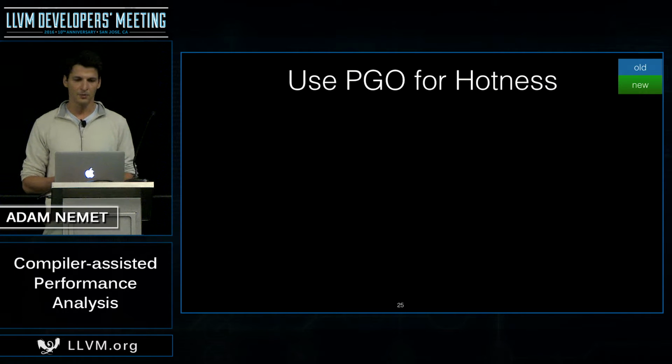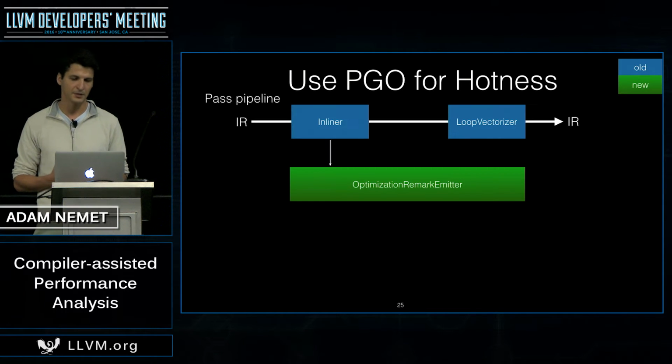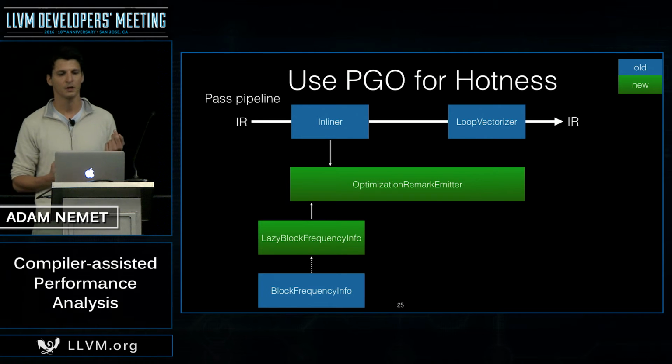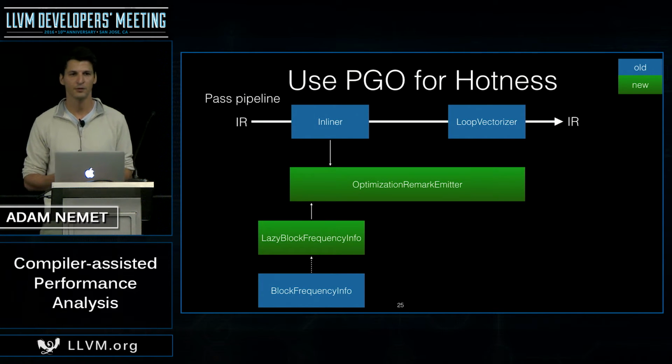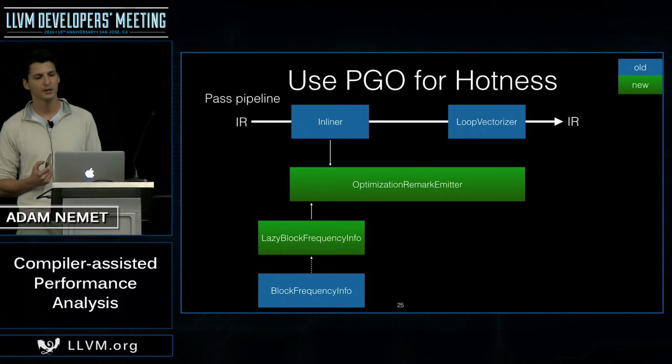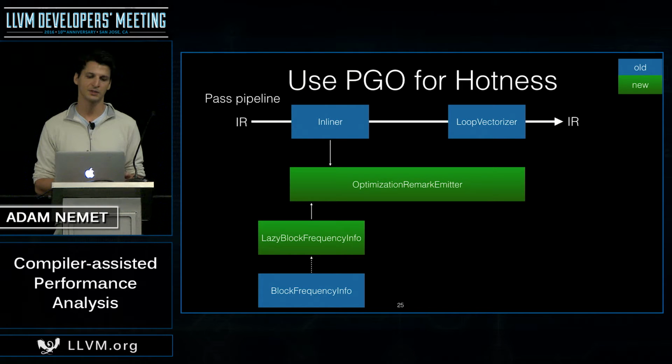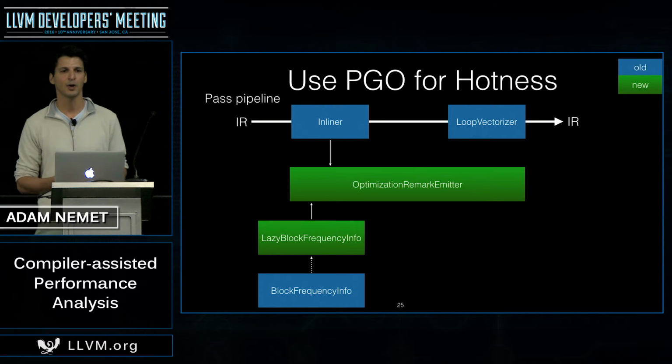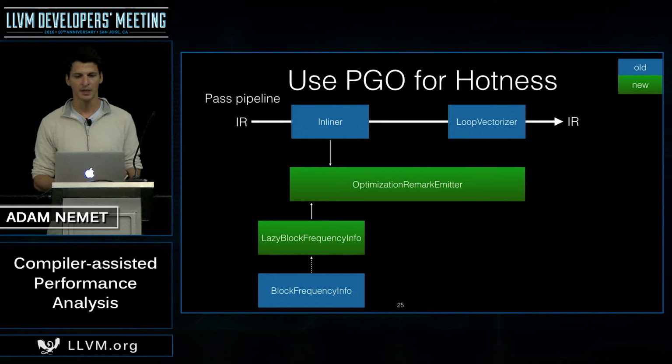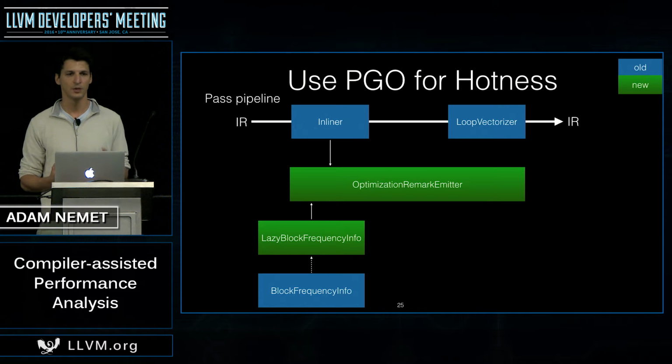The way it works is that this analysis pass becomes a user of block frequency info, which is how block frequency is exposed to the rest of the compiler. It's hooked up to a new mechanism called lazy block frequency info, so that we avoid populating all this information unless we're actually generating optimization records.